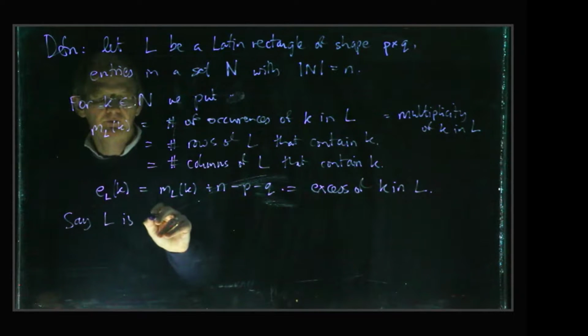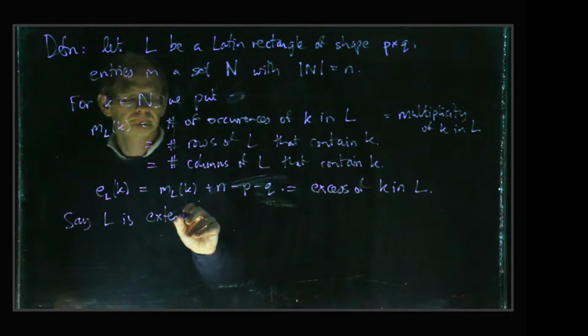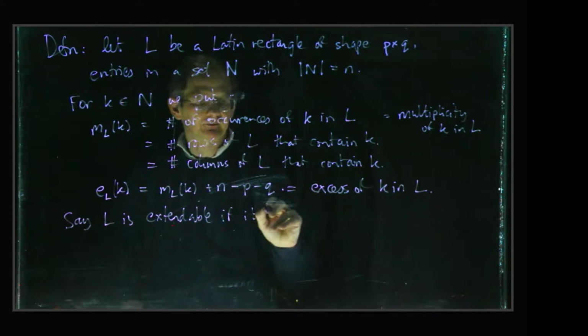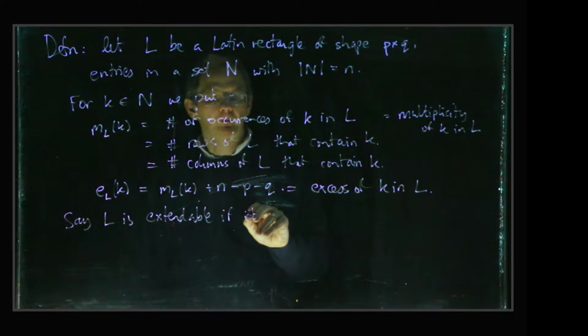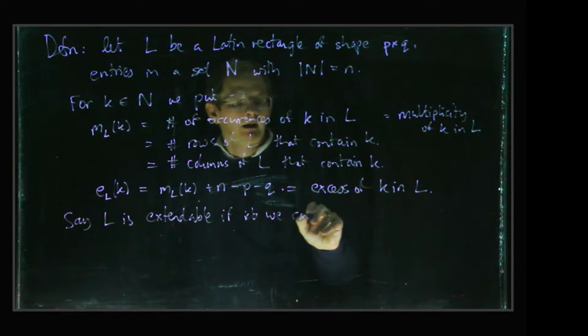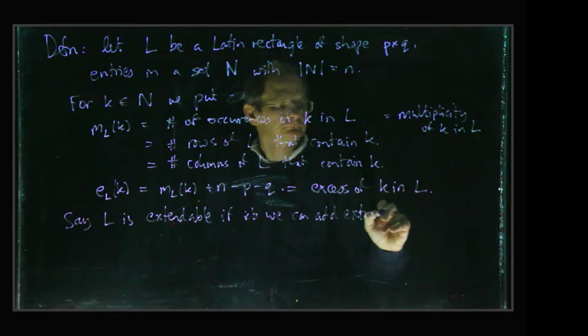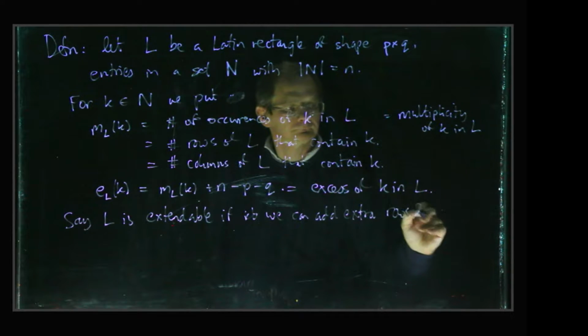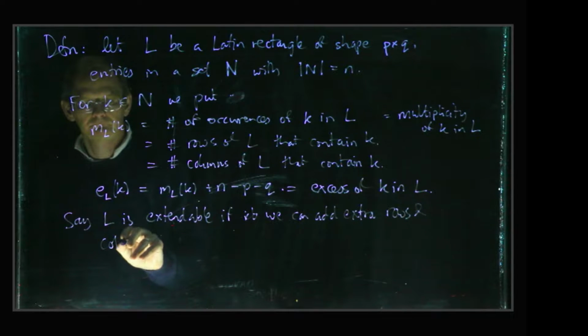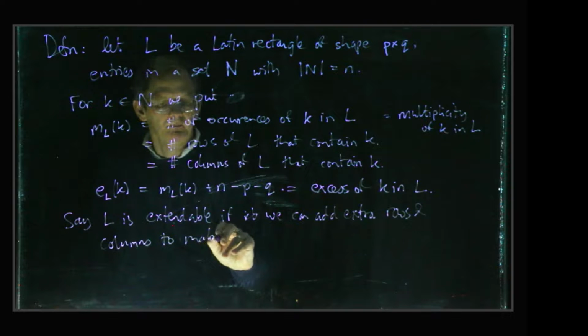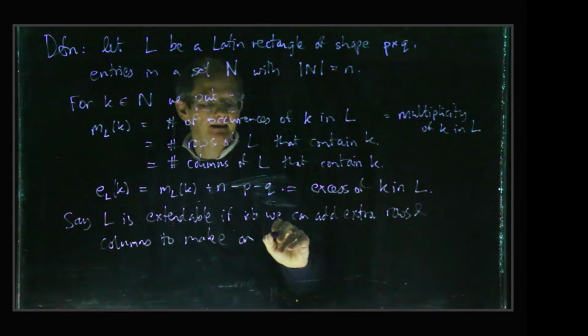Then we're going to say L is extendable if we can add extra rows and columns to make an n by n Latin square.